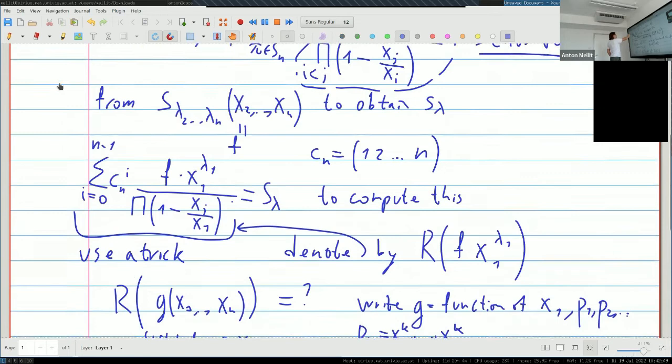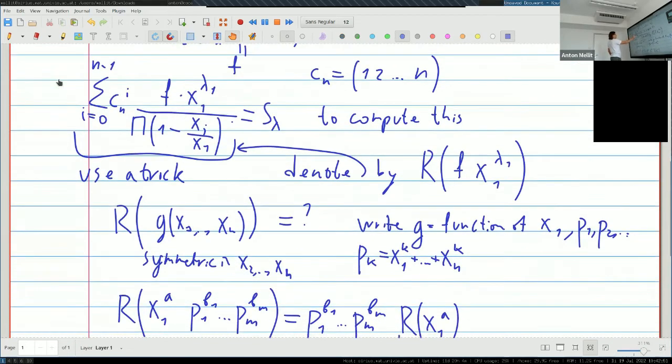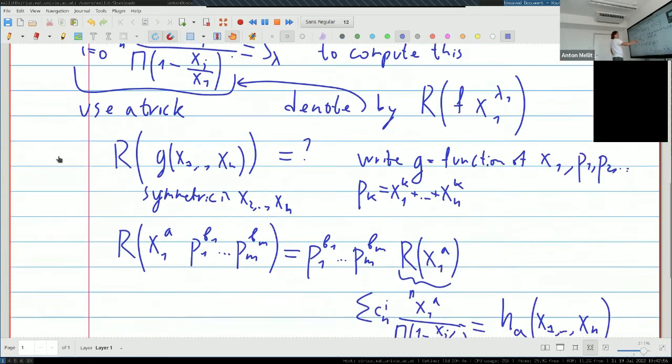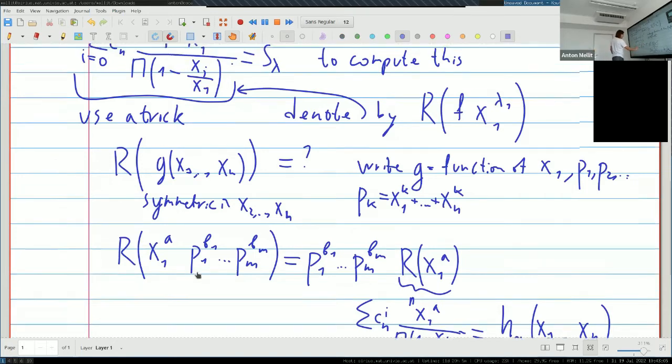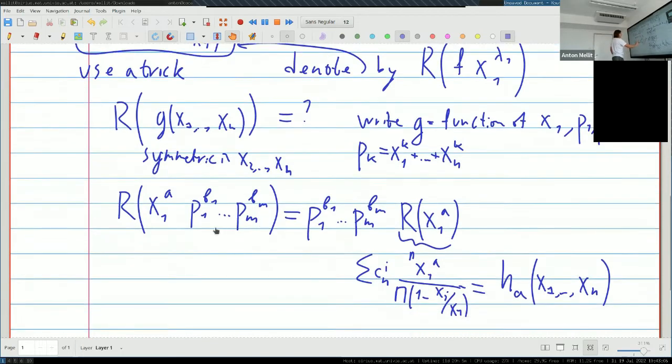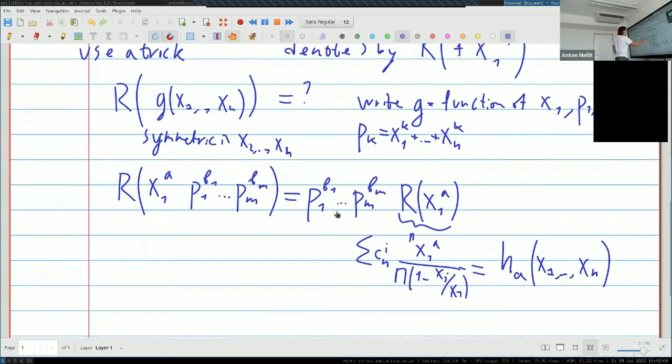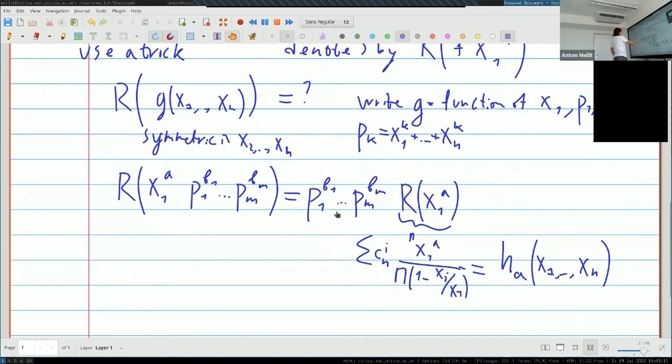And then to compute symmetrization in one variable, you have to express f in terms of the power sums of all the variables and a new variable x1. And then you move out the p. You get here, and then you have to replace each power of x with the corresponding complete homogeneous symmetric function.